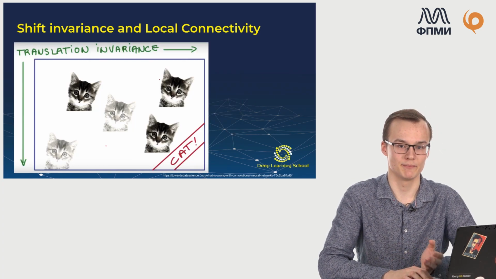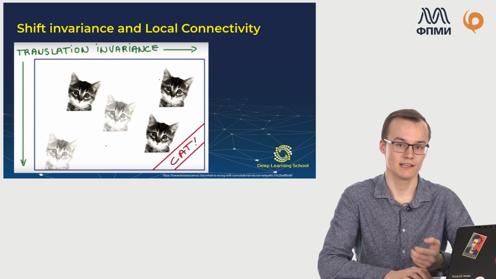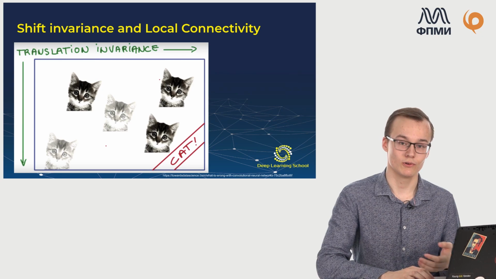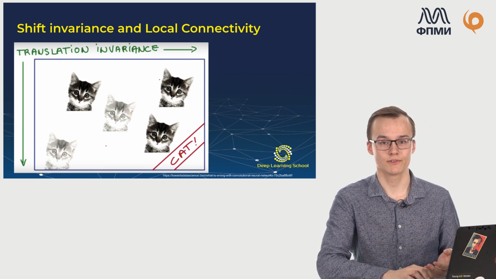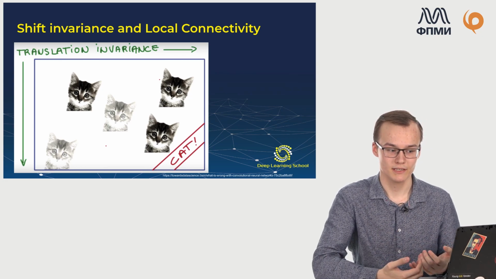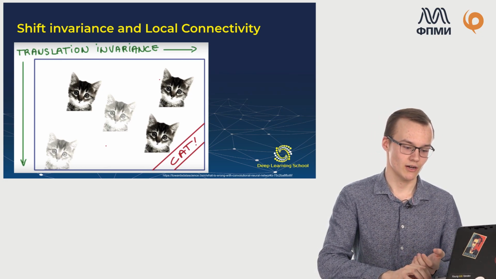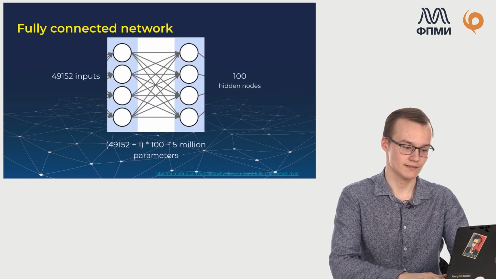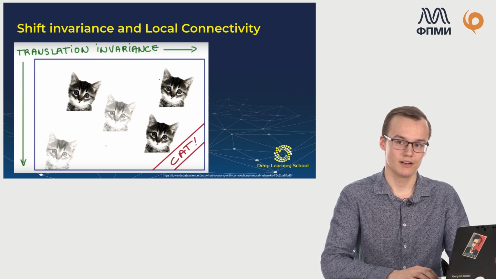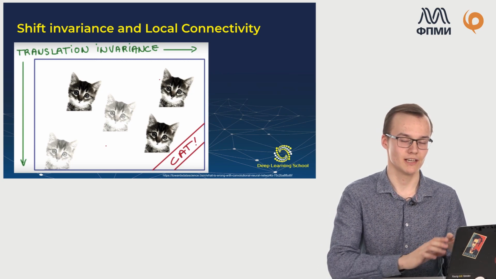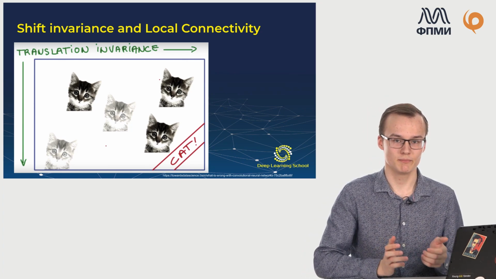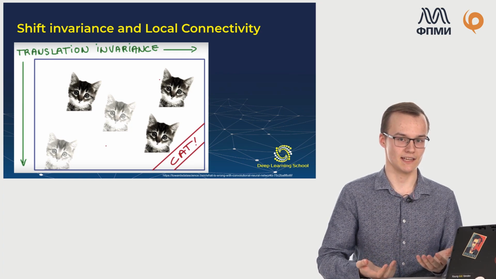Okay, maybe there is something we can exploit about images, some knowledge from outside, which we can transfer to our networks so that they can process images in a smarter way. Yes, there is something. Let's take some image. If we shift it 1 pixel to the right, it will stay the same image.